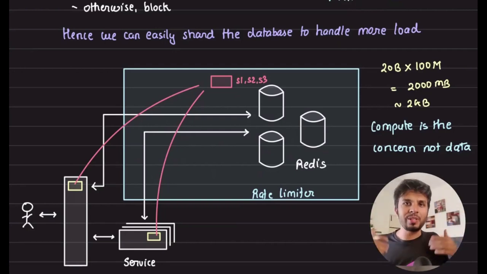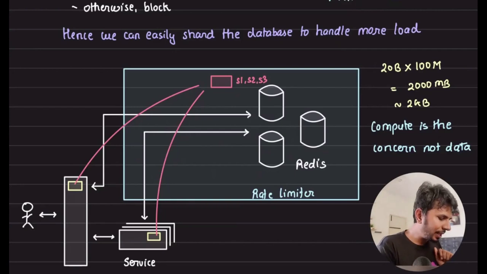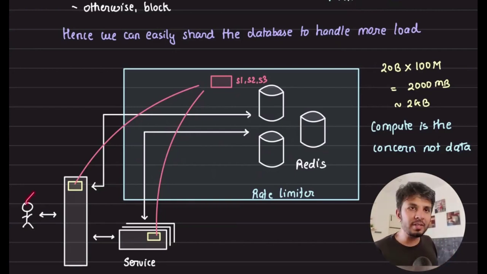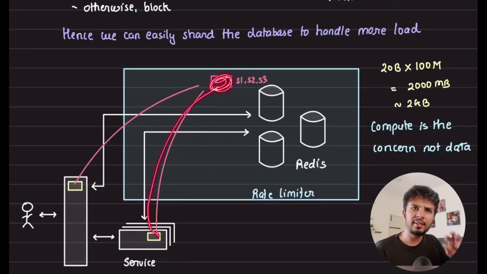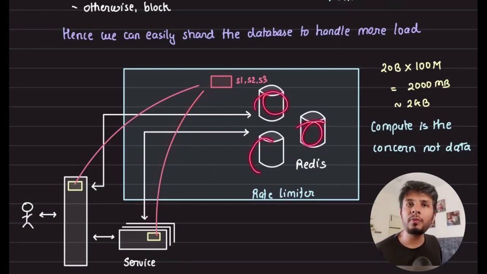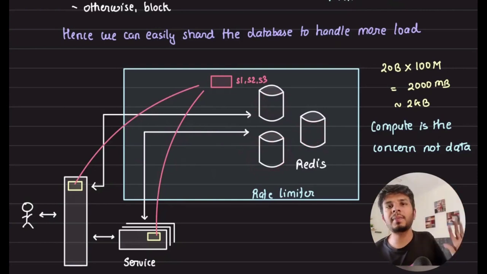So the flow is really simple. Now what would happen? Request from user comes in. No, let's start from the beginning. Let's say I start my payment service, right? Now when my payment service starts, when the rate limiter library loads, the first thing that my rate limiter library would do is talk to this central configuration, which holds the IP addresses of the Redis servers that we have. 3 Redis servers we see in the diagram.